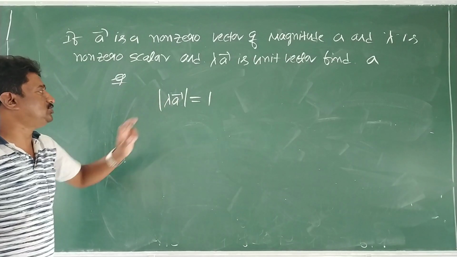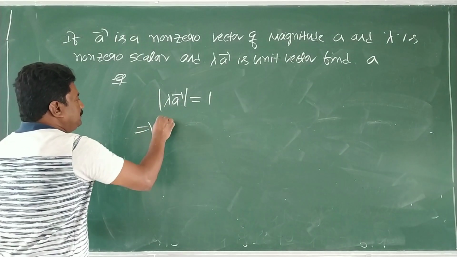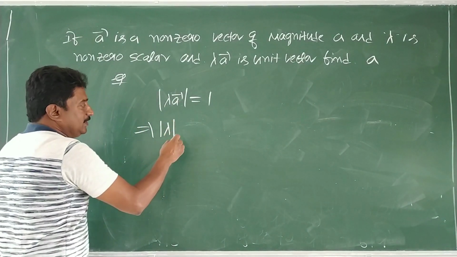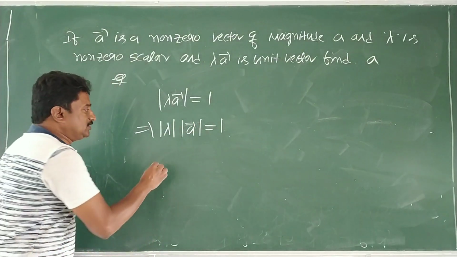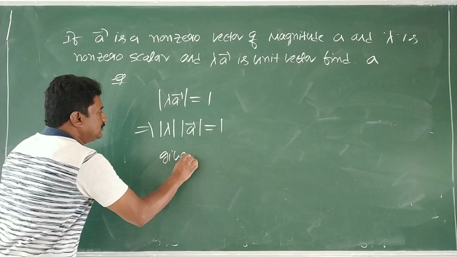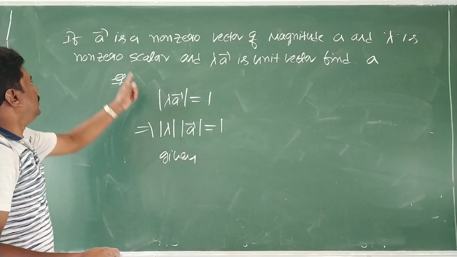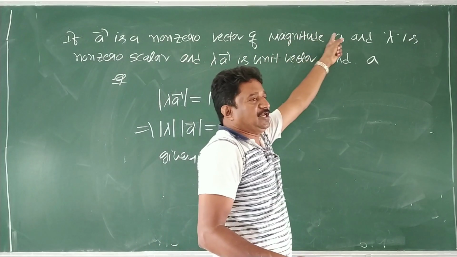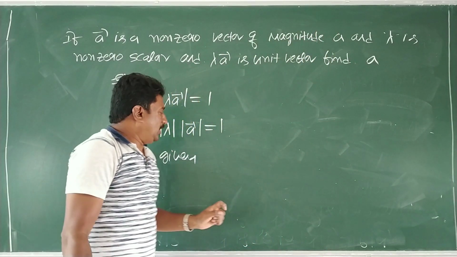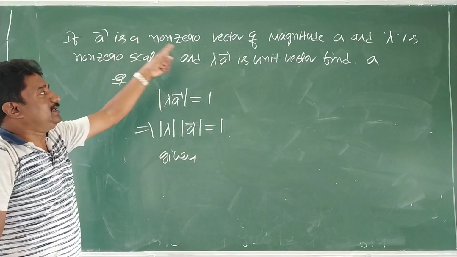Separate this mod, students. That implies the length of lambda into the length of the vector A is equal to 1. In the question it is given that A is a non-zero vector of magnitude A. What is the length of the vector A?